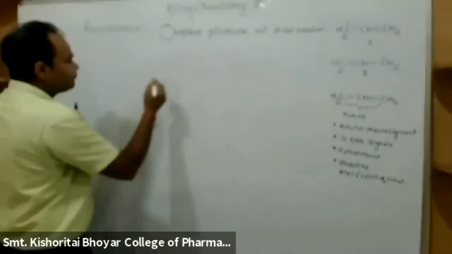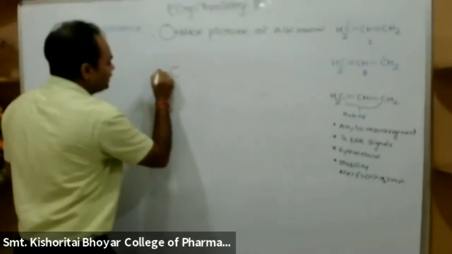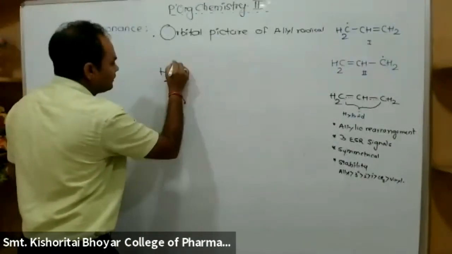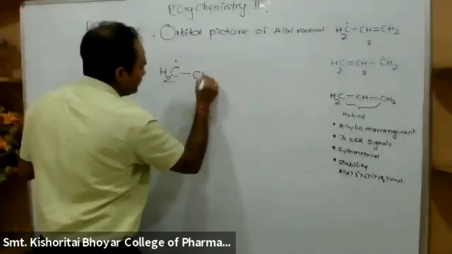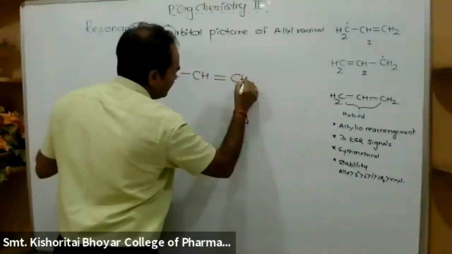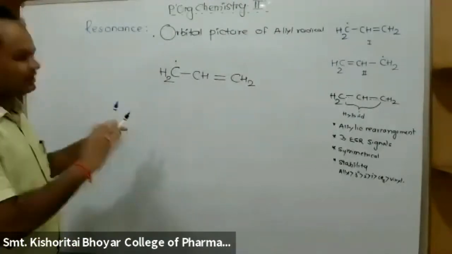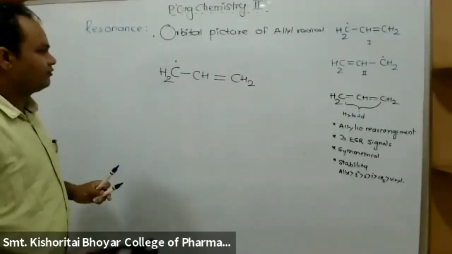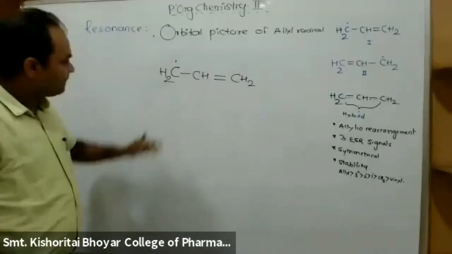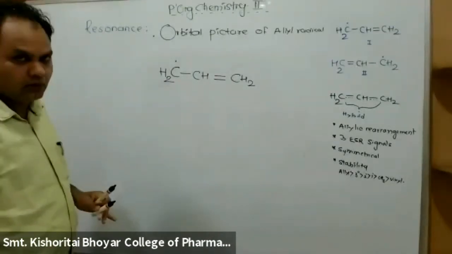Now see, in general, the allyl radical is written like this, where the carbon has the odd electron.